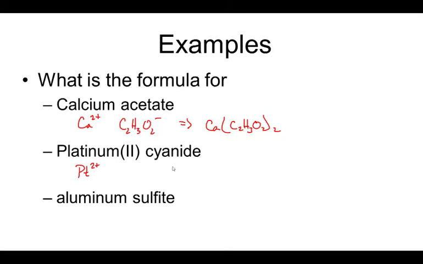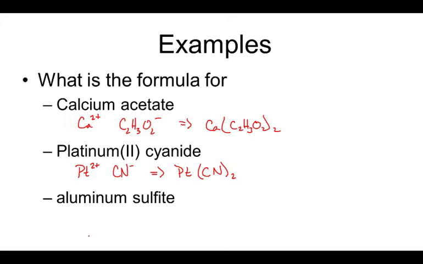We look at our chart, we find cyanide, and cyanide is CN minus. So now we can do crisscross, bring the 2 down here, bring the -1 over here, or we can see that we need 2 cyanides for every 1 platinum. So this becomes Pt parentheses CN 2.